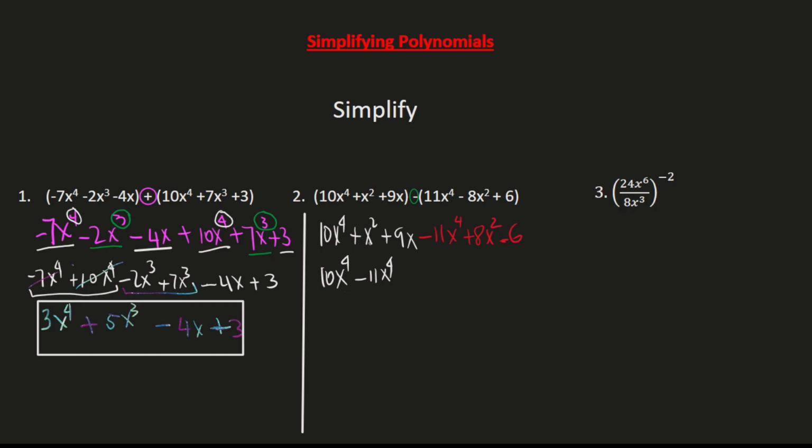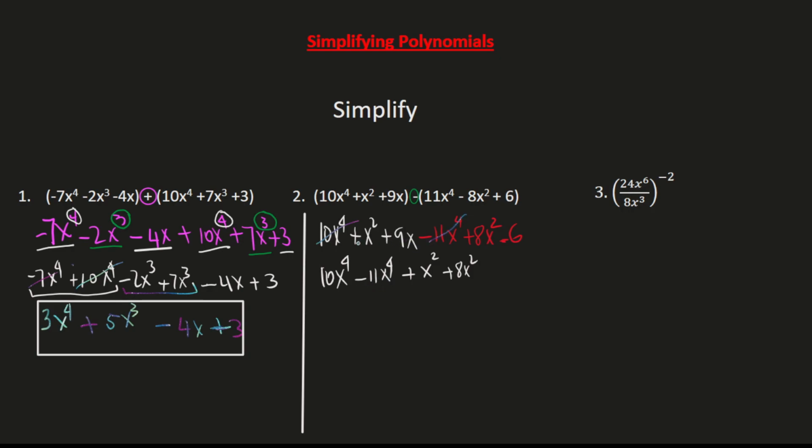Plus x squared. Let's put the x squared terms together: plus x squared, and we get plus 8x squared. Get this together. So basically, we move this one already, we put it here. We move that one, which was the fourth, we put it here.